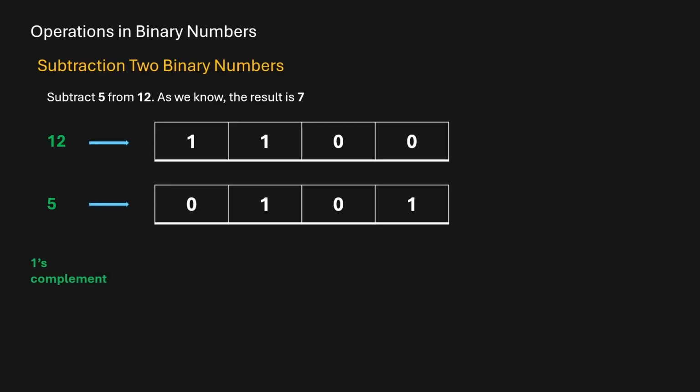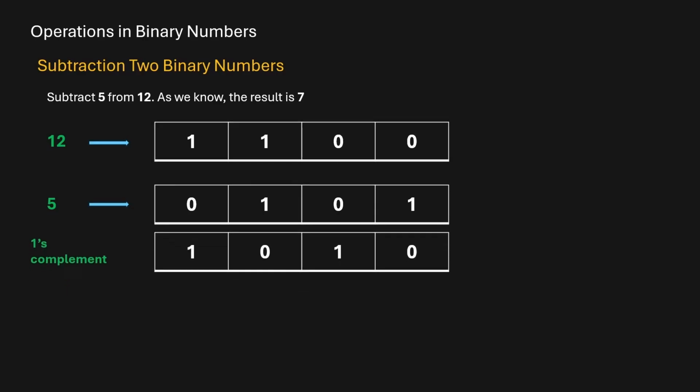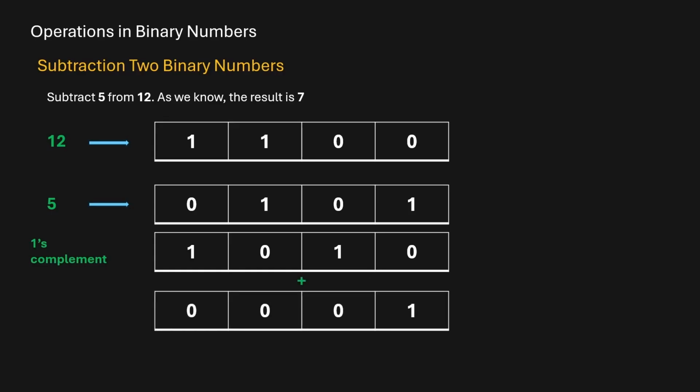The good news is that calculating the 1's complement for a binary number is very simple. You just need to flip the bits. So, for the number 0101, the 1's complement is 1010. Next, we add 1, which is 0001, to 1010 to obtain the r's complement.